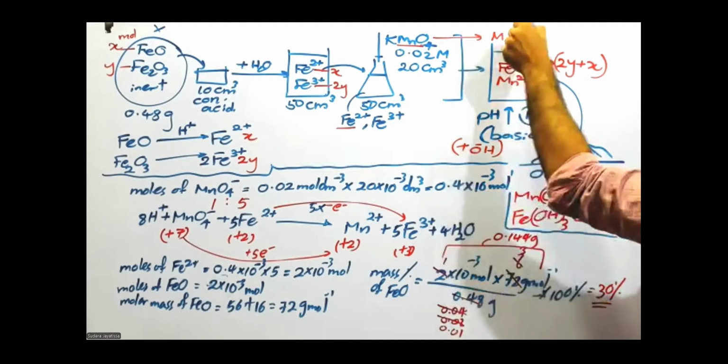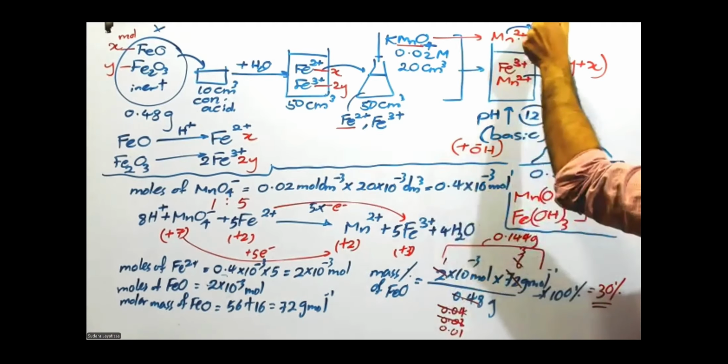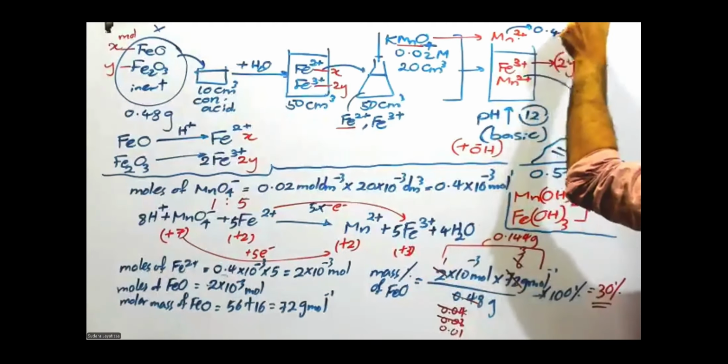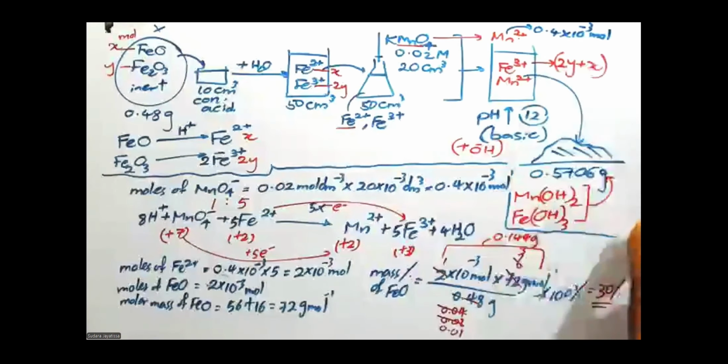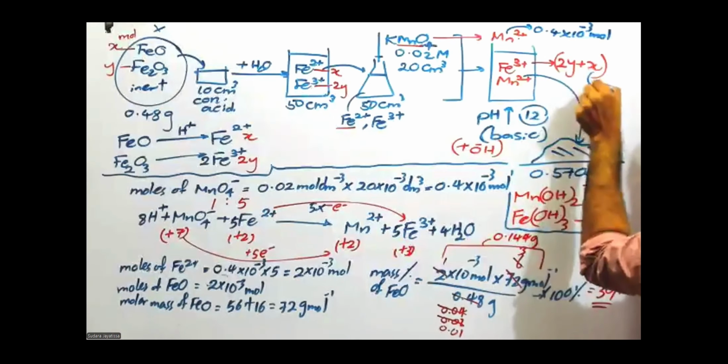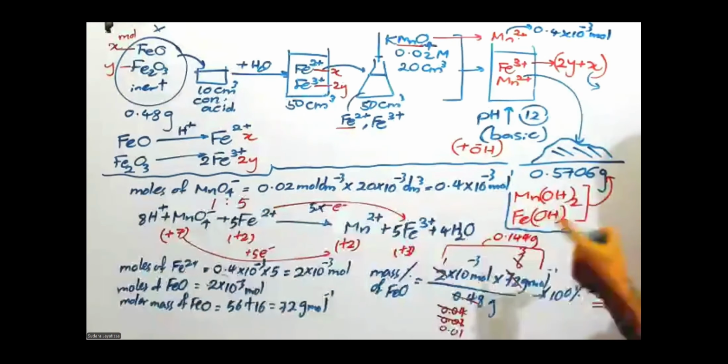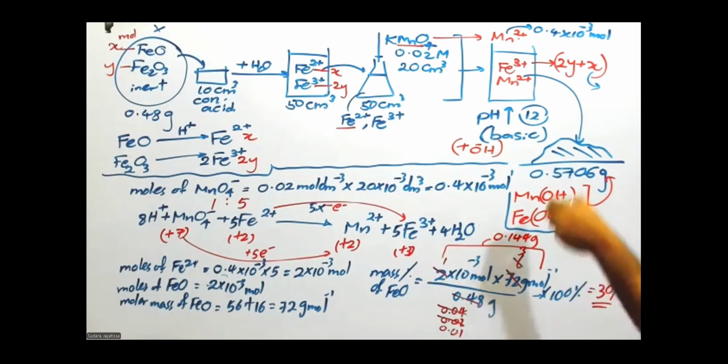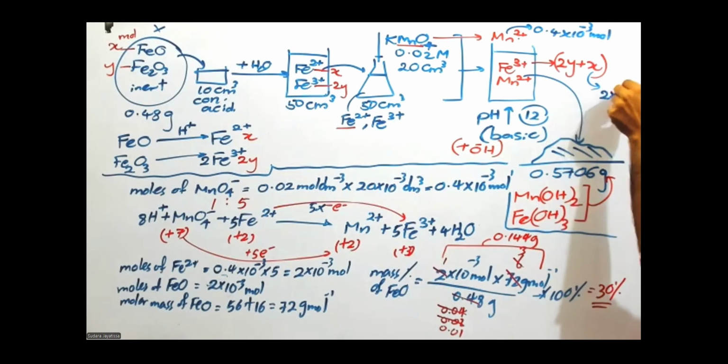So that means Mn2+ also you have 0.4 into 10 to the power minus 3 moles. And you know this X also, which is given by Fe2+ later, that moles is also equal to 2 into 10 to the power minus 3. So you know those two moles.